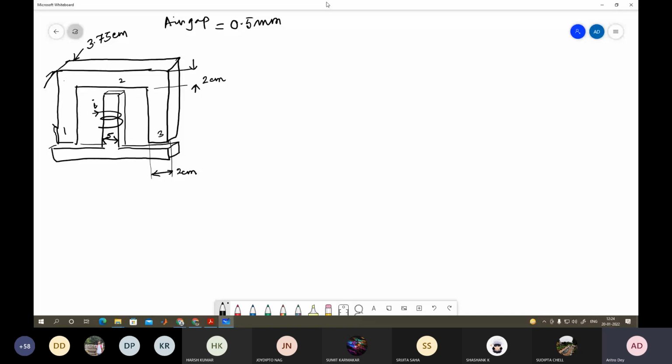This is 20. Okay, so if these things are given, then the air gap flux phi a is given. This is equal to 1.7 milliweber.